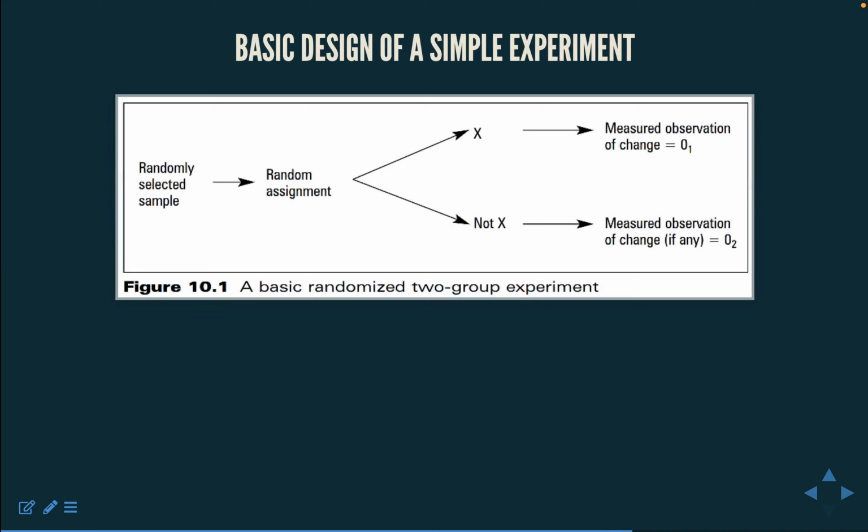Here we see a basic, simple design of a simple experiment. We have a randomly selected sample. This leads into random assignment, and then we have our exposure to X, then the measured observation of change in outcome 1, or not X, measuring the observation of change, if any, in observation 2.